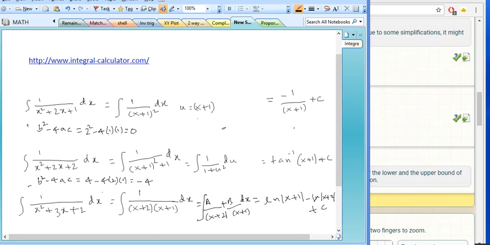And let's look at the last one. Here b squared minus 4ac is equal to 9 minus 4 into 2 into 1, which is equal to 1, which is greater than 0. So in that case, you can always factor that and then do partial fractions and solve the problem.